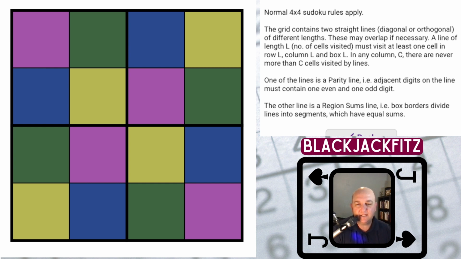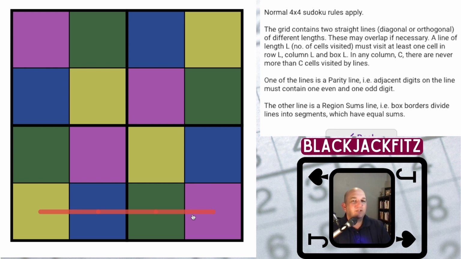GDC is suggesting that if the region sum line is length 4, you'll never get a unique solution. That's interesting.